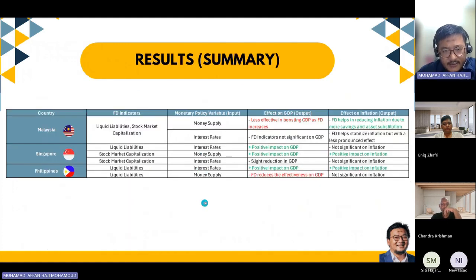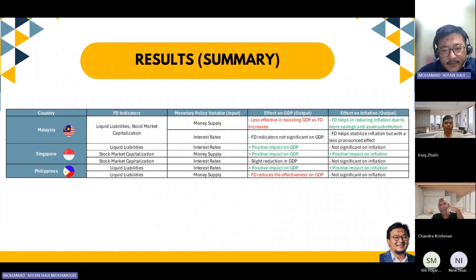So here is the summary of the overall picture produced by this journal article analysis conducted in 2021. Something different between these three countries is the monetary policy variable, which is the input. We have two in this article: money supply as well as the interest rate. And the outputs are GDP and inflation.